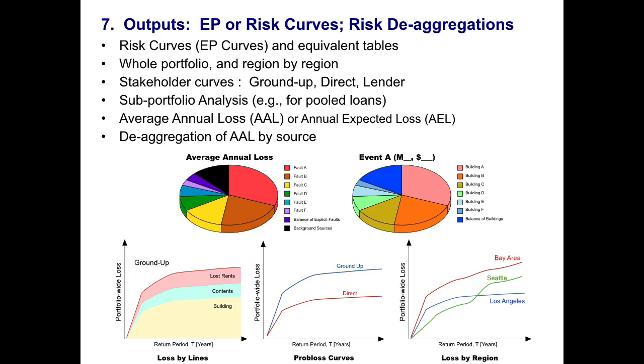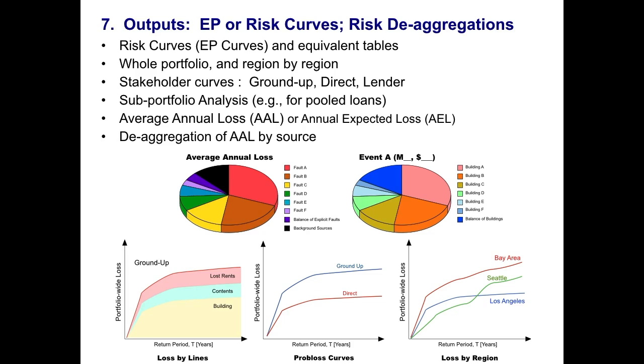We can do the risk curves for the whole portfolio, or we can look at the risks region by region so that we can inform the owner or lender or the party engaging us as to which of the regions they need to be most careful in.